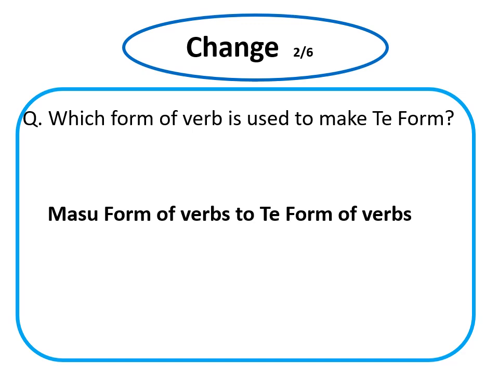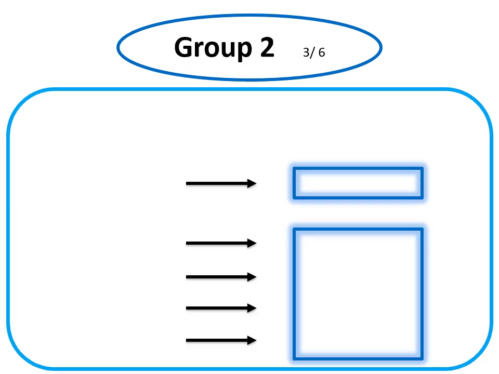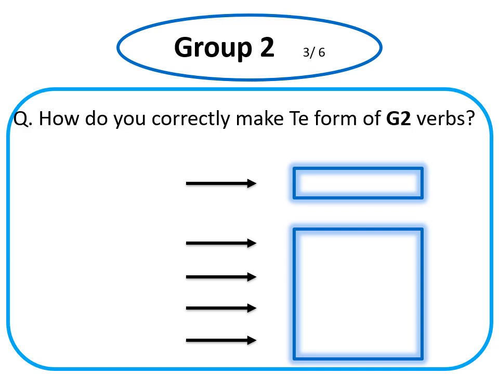So the order is group 2, group 3, and group 1, and one exception of the group 1 verb. Okay, so how are you going to conjugate group 2 verbs? What's the rule for group 2 masu form to make te form? Simple.